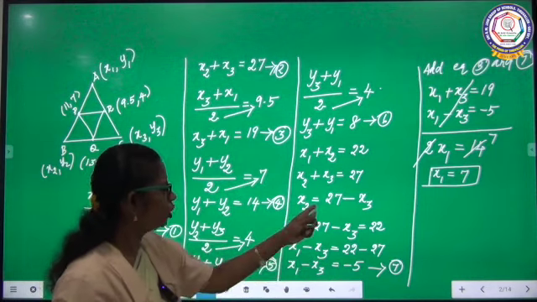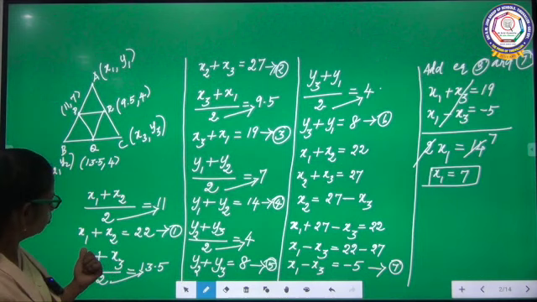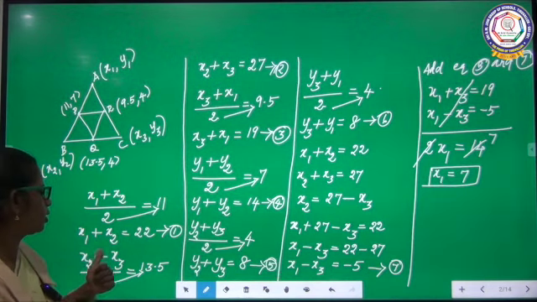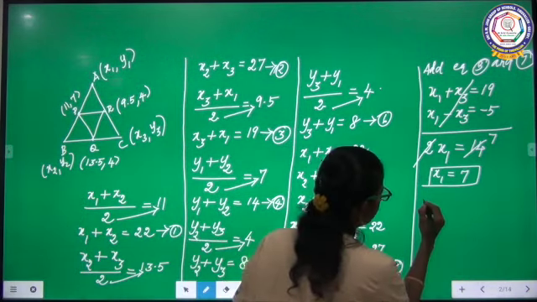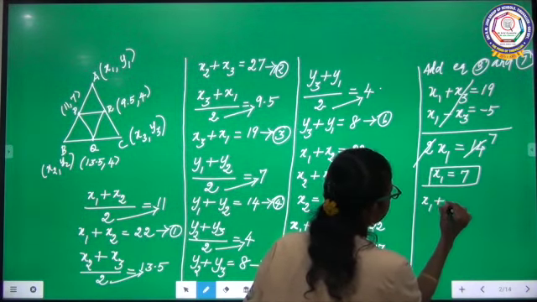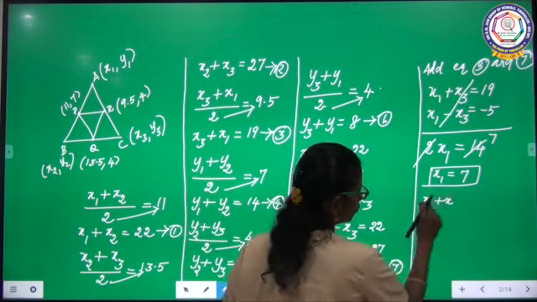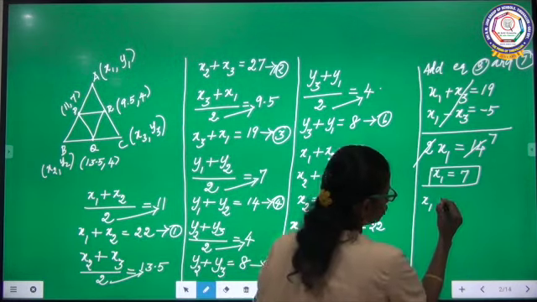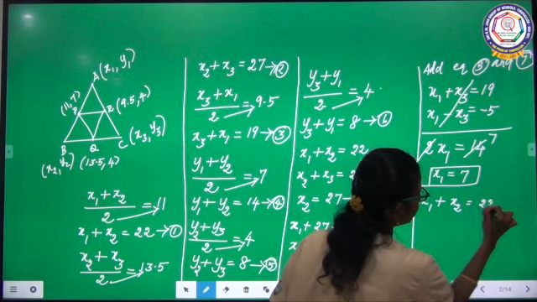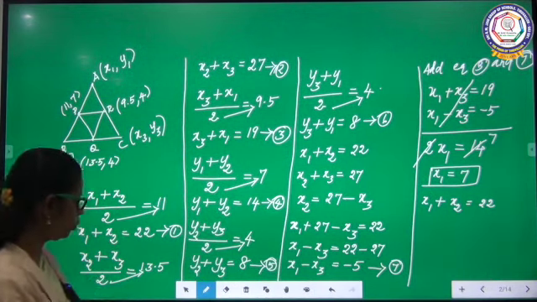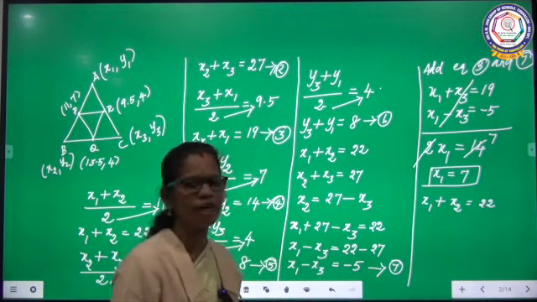When you substitute, better you should move to equation number 1, that is the safe one. x1 plus x2 equal to 22. I selected the first equation because I know the value of x1.